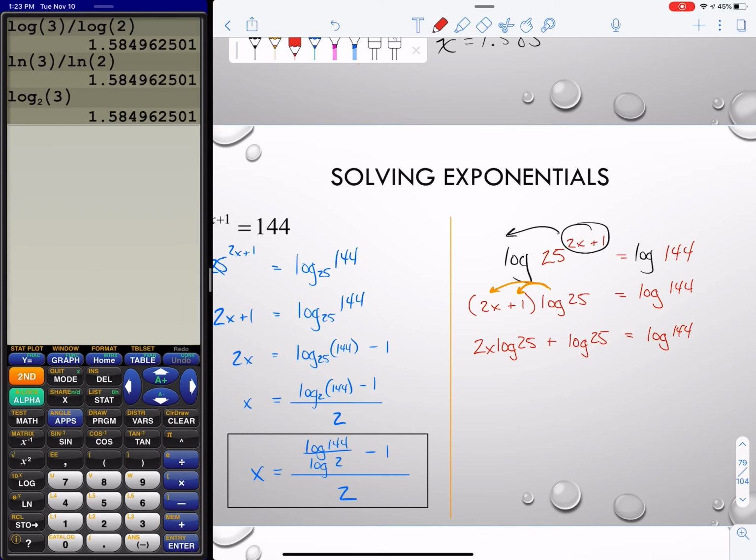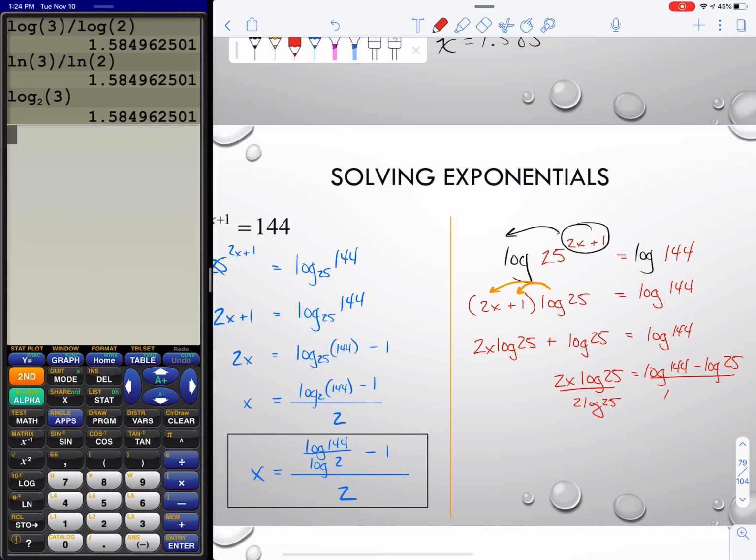Now, log of 25 is nothing more than a number, so I'm going to subtract this log of 25 over on both sides. It's going to leave me with 2x log of 25 equals log of 144 minus log of 25. Now, what I'm going to do last, I have 2 times x times log of 25. The 2 and the log of 25, again, are nothing more than real numbers. So I'm going to divide both sides by 2 log 25.